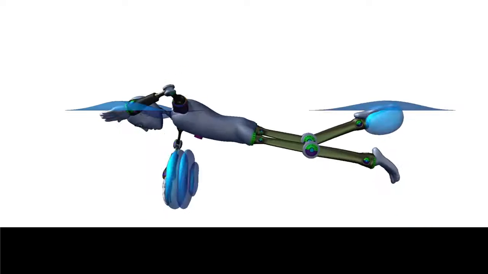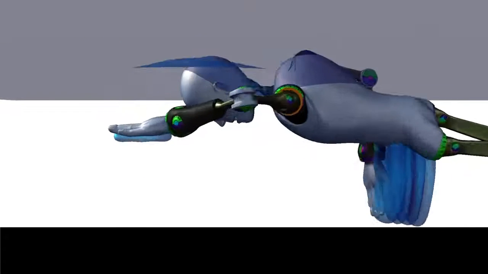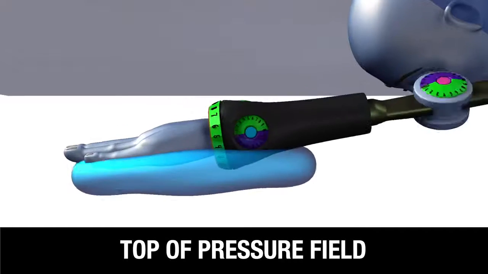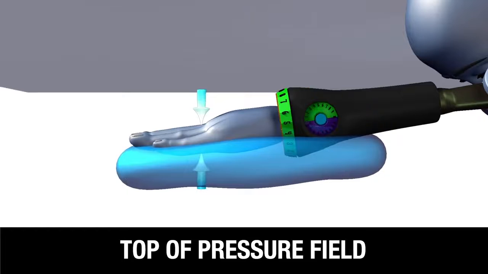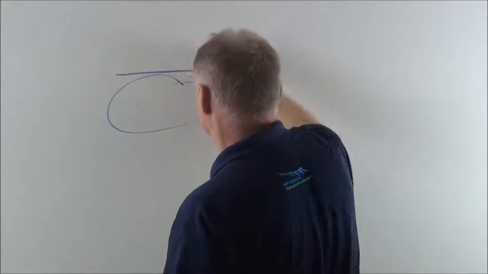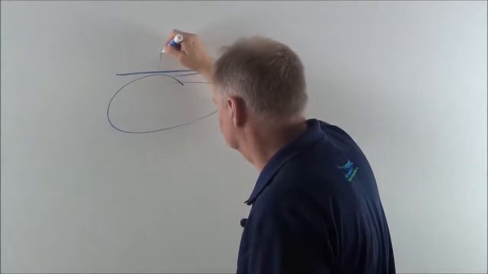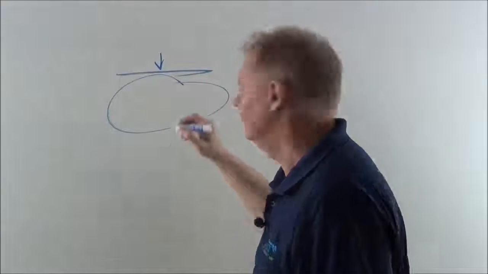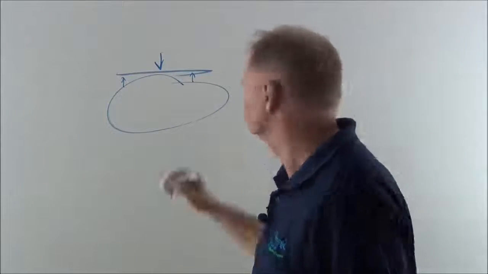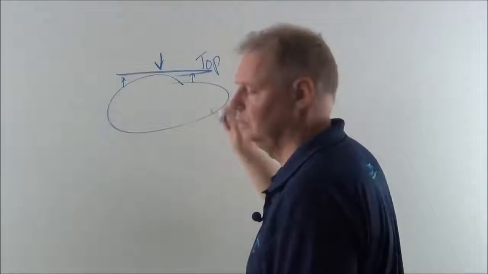As I make that relationship, I now gain what's called a pressure field. My hand is on the top of the pressure field, pressing downward, and it's pressing back, causing the pressure field to occur. So that's called the top, right there.